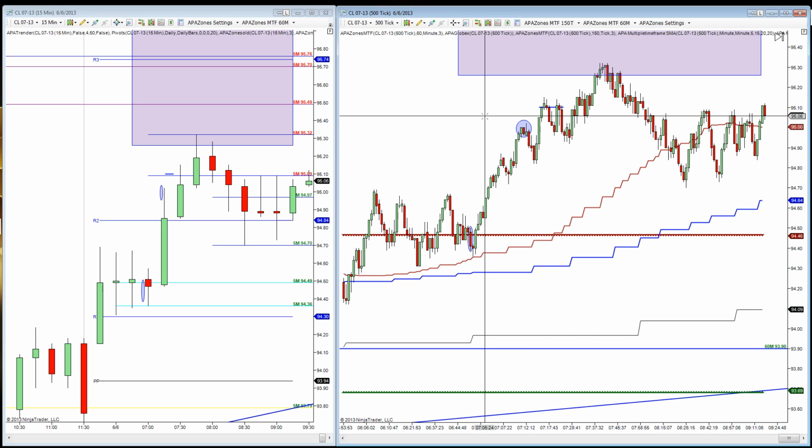So that will hopefully help. It's kind of like one of those 0.5 releases, I guess you could say, as I'm still working on Apazones 4 as well. But anyway, let's get into actually reading the bars and some of the price action and some of the stuff like that.